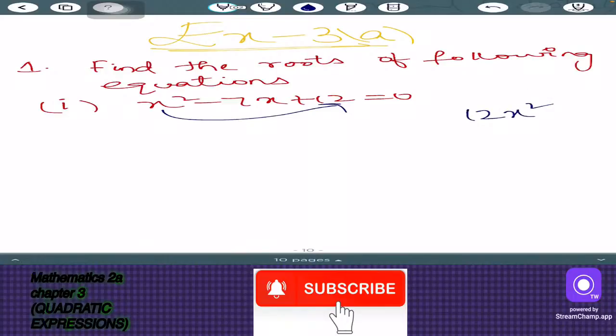Now what's the middle term? It is minus 7x. So use any two numbers so that if you add or subtract, it should give minus 7x, and if you multiply, it should again give 12x square. So if we use minus 4x and minus 3x, minus 4x into minus 3x gives you 12x square.